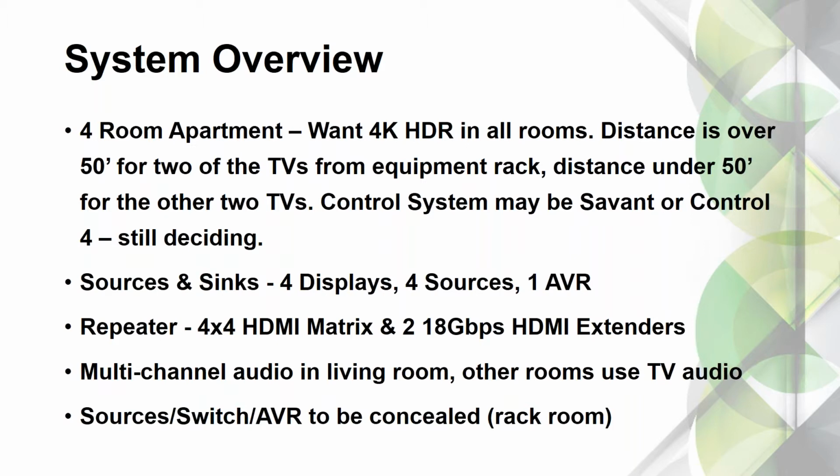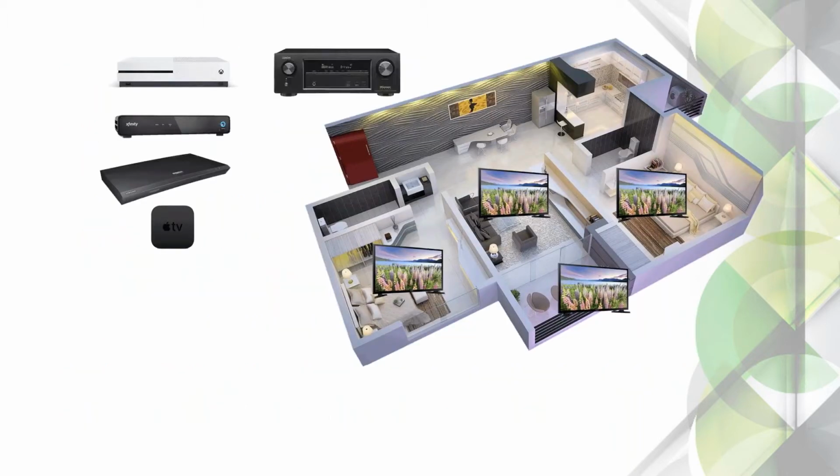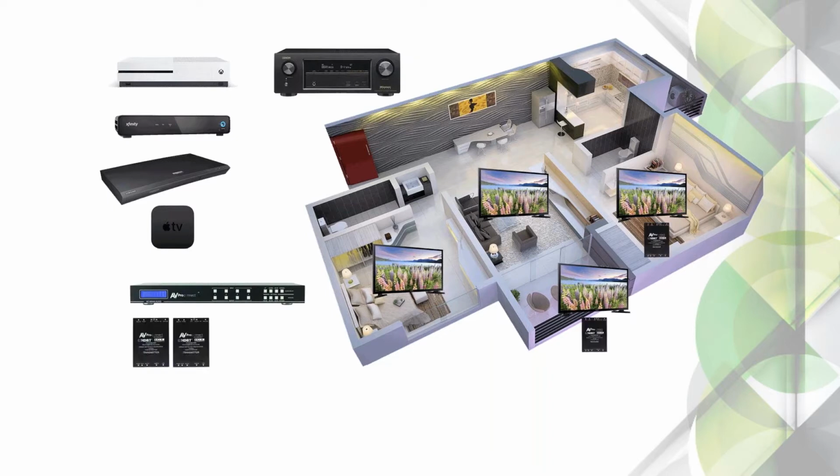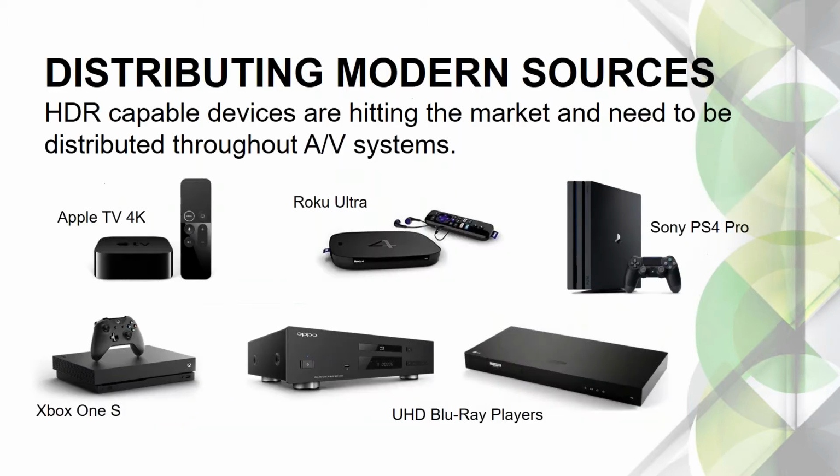The sources and the sinks: 4 displays, 4 sources, 1 AVR. A source is anything that outputs HDMI, like a computer or a player or a streamer. A sink is a TV or a projector. Repeaters: we're going to have our 4x4 HDMI matrix in there, and then we're going to have 2 runs of HDMI extenders. So our HDMI matrix is the repeater, and then we're going to have multi-channel audio in the living room.